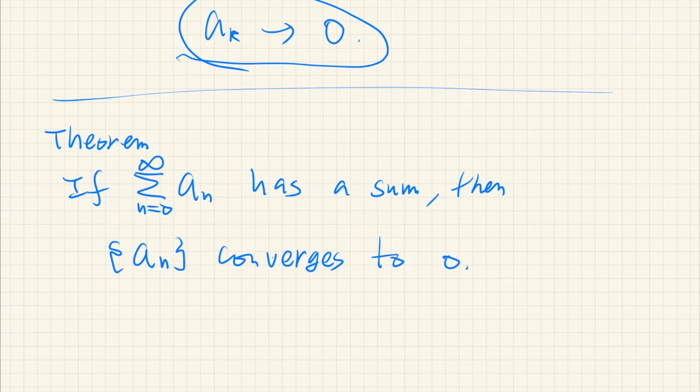Now be careful with the direction of this implication. It says if the series converges, then the sequence converges to 0, but not vice versa. That means even if a sequence converges to 0, the corresponding series may not have a sum.